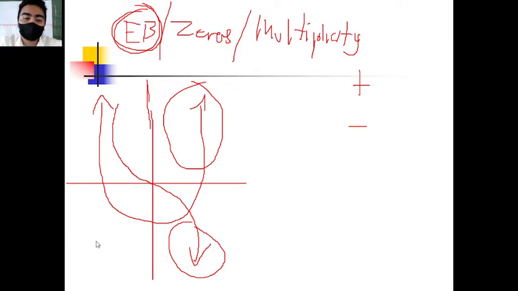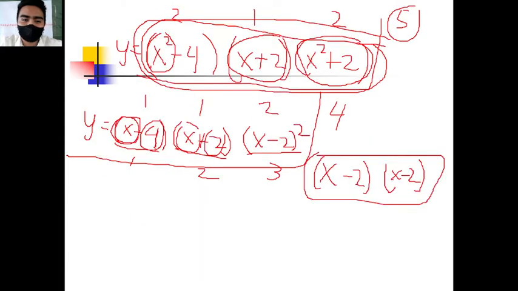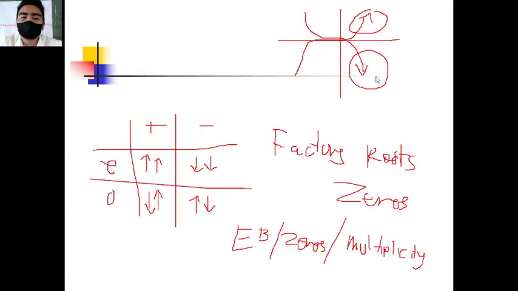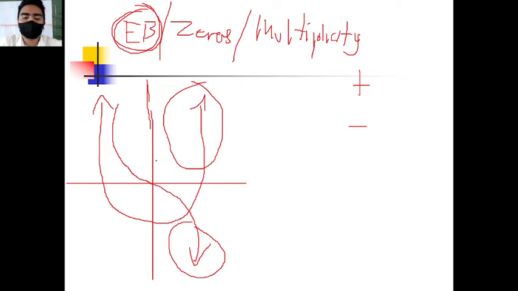Remember in the table, this is our table. If we just saw that our end behavior falls downwards with fourth quadrant, we could say that the expression is negative.